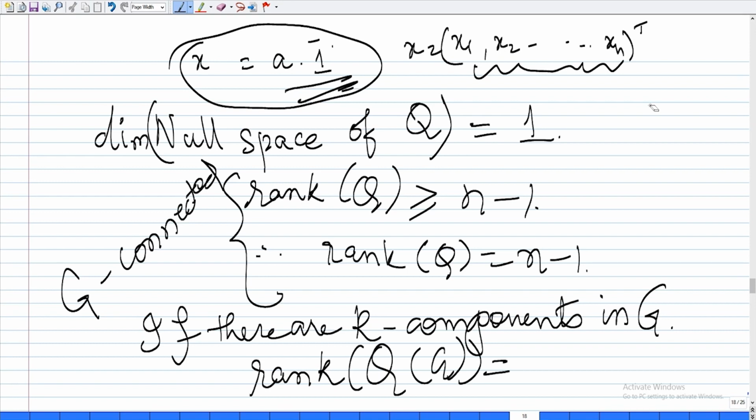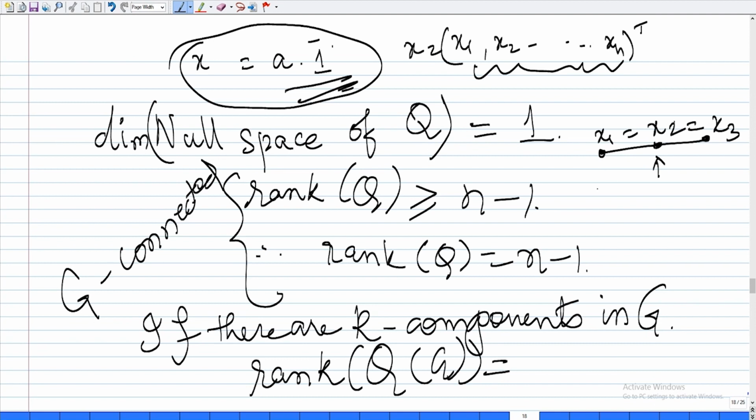Suppose x1 is connected to x2, then I can tell you that the vector x2 has to have the same value. Since these 2 are adjacent, x1 and x2 take the same value, and x2 and x3 are adjacent, which means x2 and x3 should take the same value. This is what I mean by the components having equal values, right.